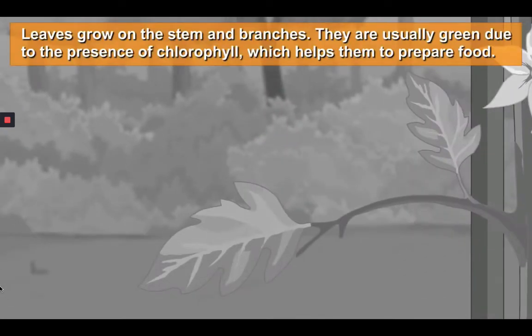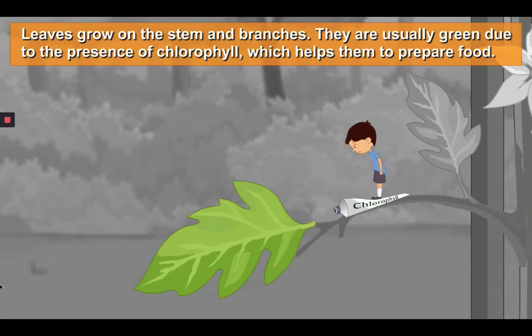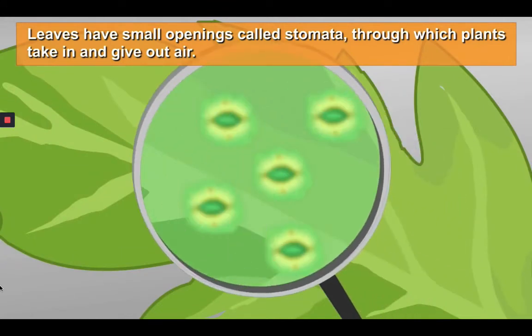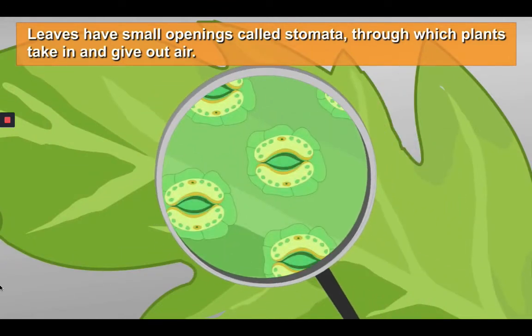Leaves grow on the stem and branches. They are usually green due to the presence of chlorophyll, which helps them to prepare food. Leaves have small openings called stomata, through which plants take in and give out air.